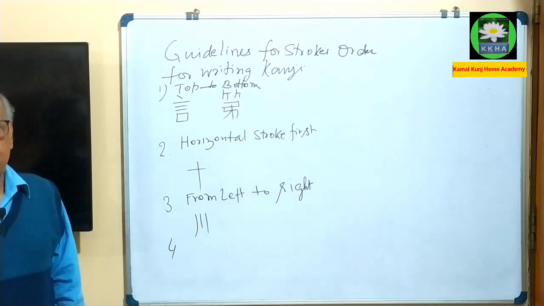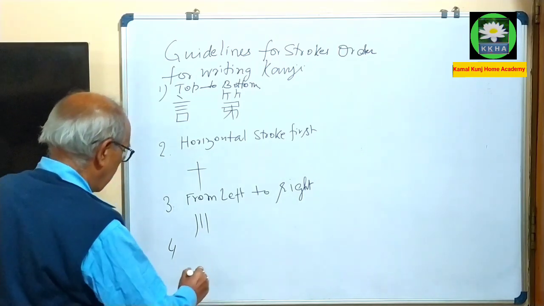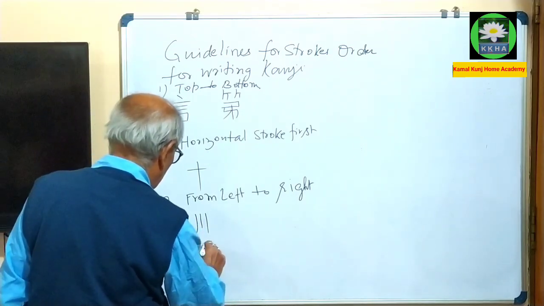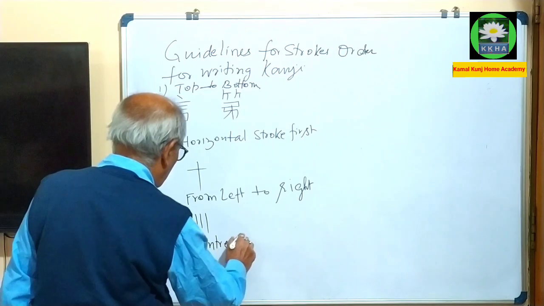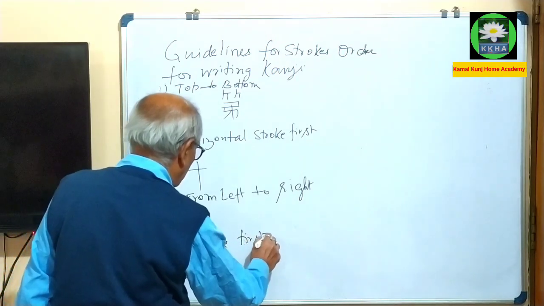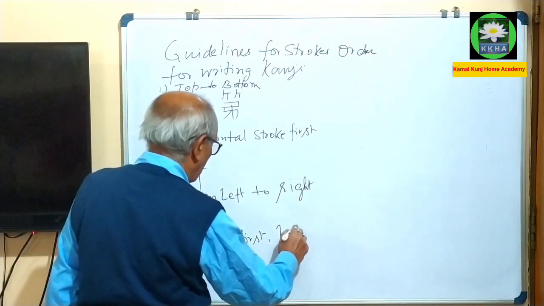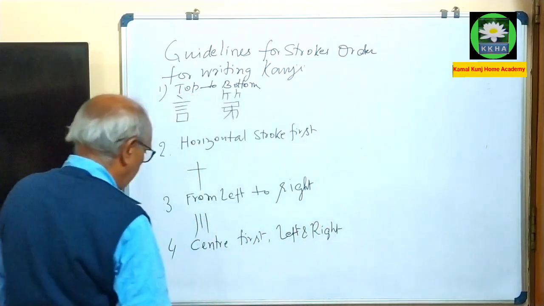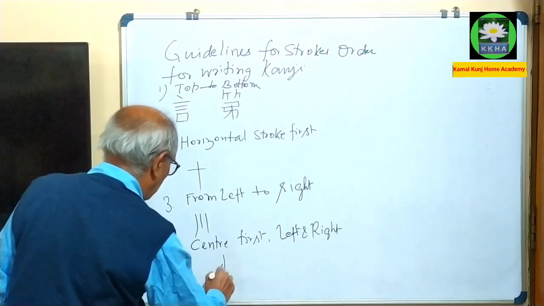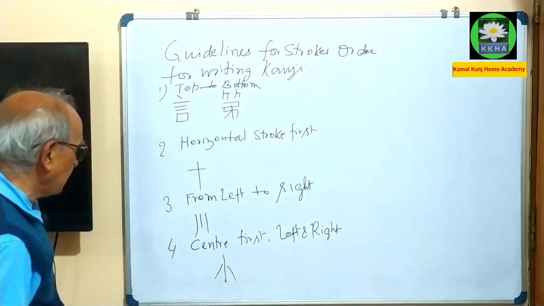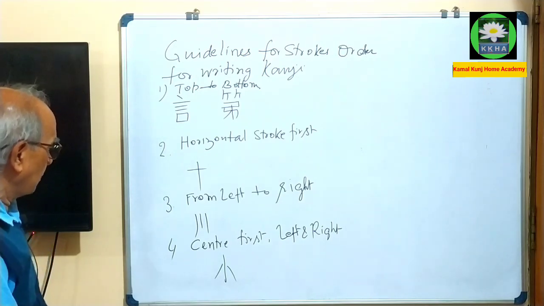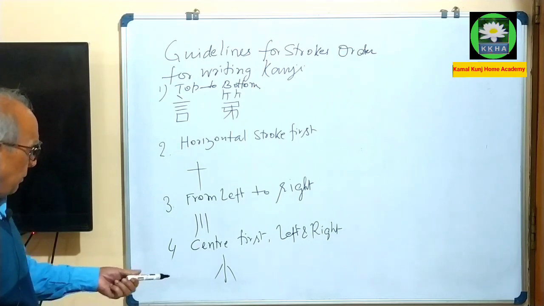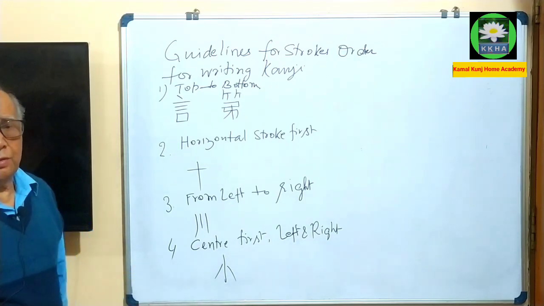Then the center line first, center stroke is first. For example, and then left and right. Center first, then left and right. For example, sometimes center line, center stroke comes in the last.